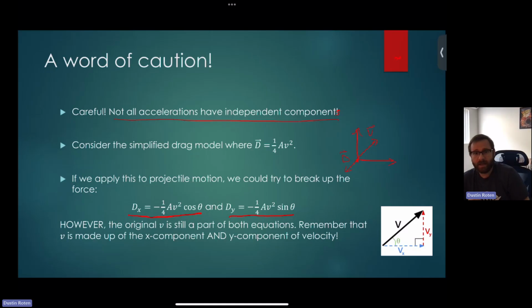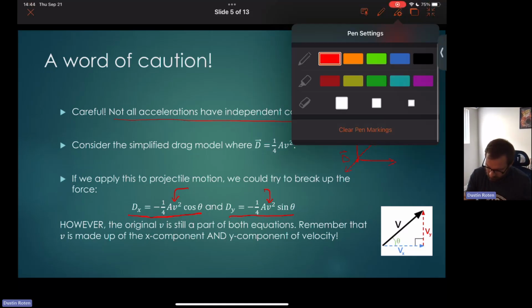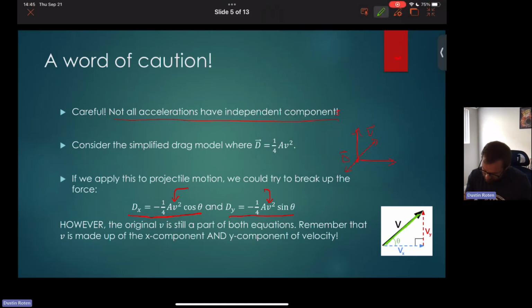The issue here is even though we try to pull these apart, look at what's in the formula. V, total V is in there. Remember how the main vector V, so I'm going to move over here to my plot here, remember how this main vector V is always Vx squared plus Vy squared.